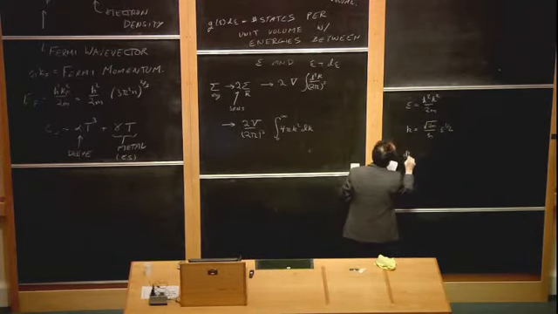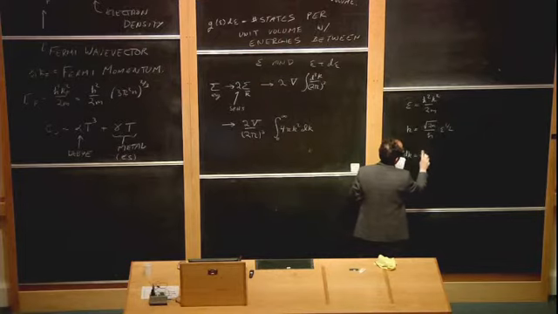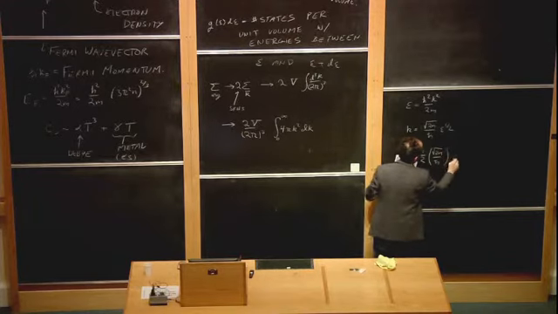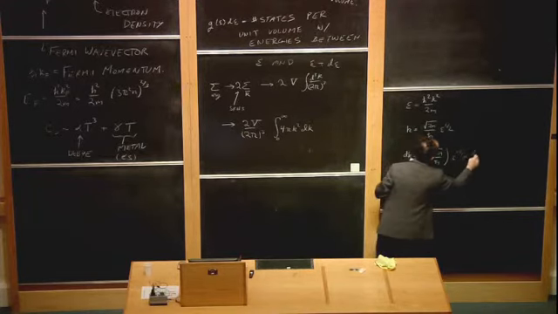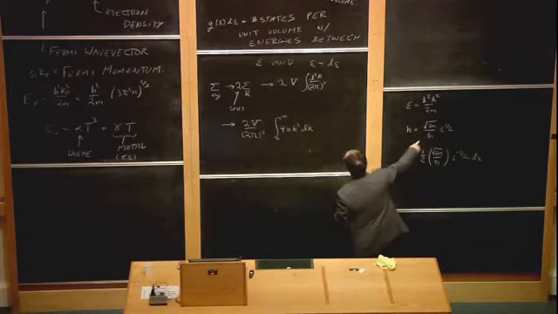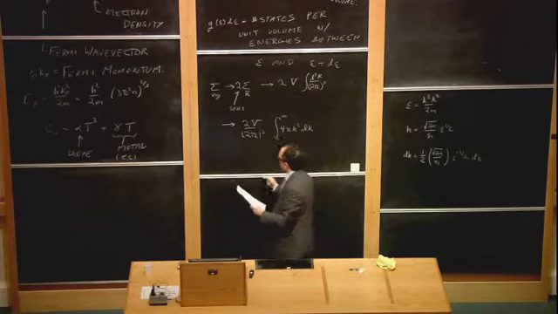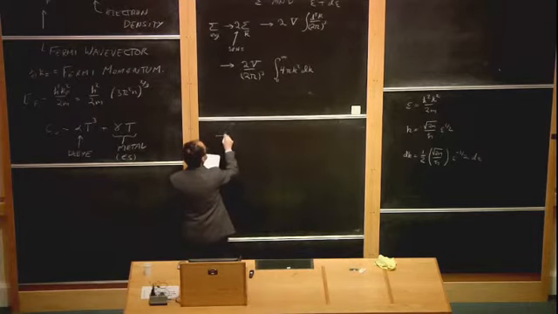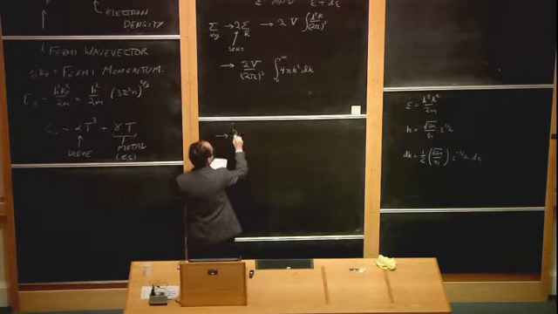And in particular, that would give us dk is the same factor, well, it's a 1/2 times the same factor, square root of 2m over h bar times epsilon to the -1/2, d epsilon. Then if we plug these things into here, what we then get is, okay, so we now have 2 volume.